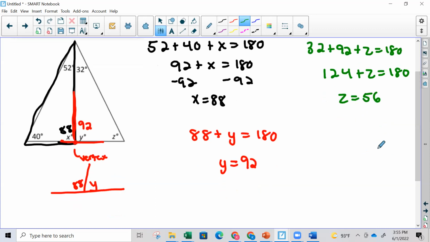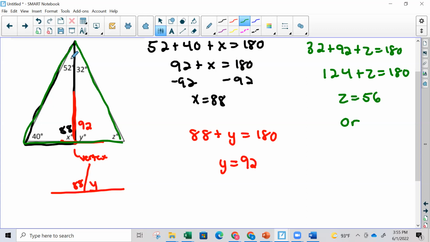Just one other note, there are always lots of ways to do these problems. To find z, you could also look at the big triangle. If you got stuck on y, which a lot of students do, you could find z first. I have a triangle again, and the three angles add up to 180.